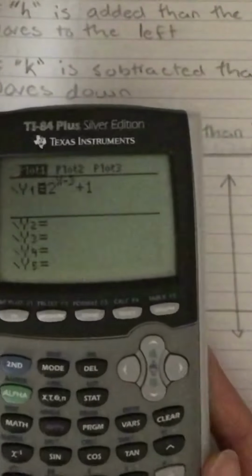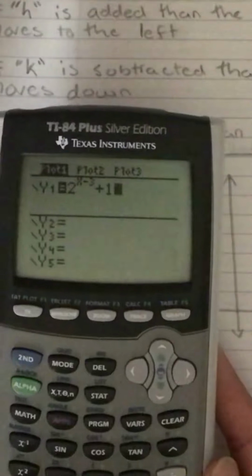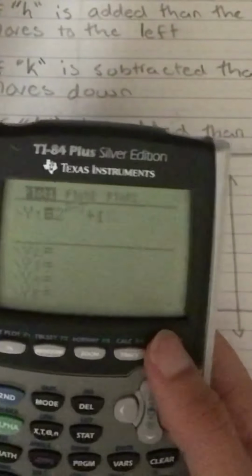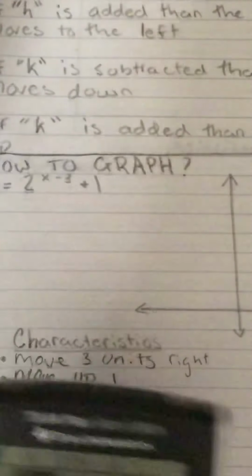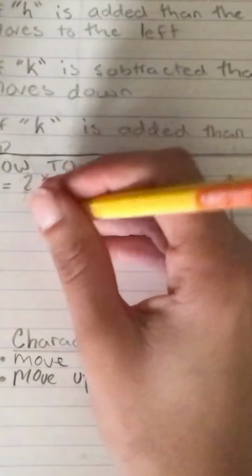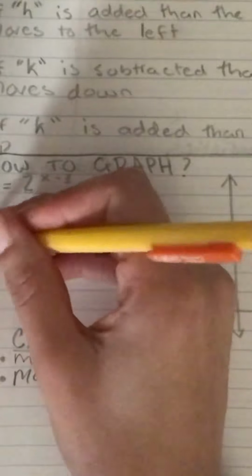So you put it in your y equals, and then you go second table, and it will show you your points. So we use -2, and that is not the best number, but it's okay.